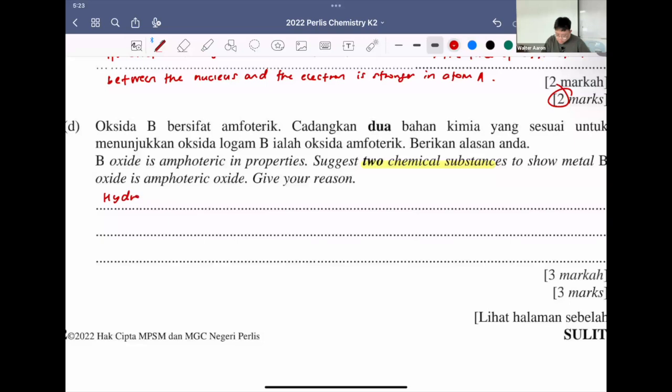So you just put here hydrochloric acid and sodium hydroxide. Then you get 2 marks already in this case.